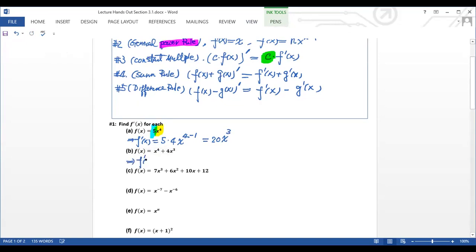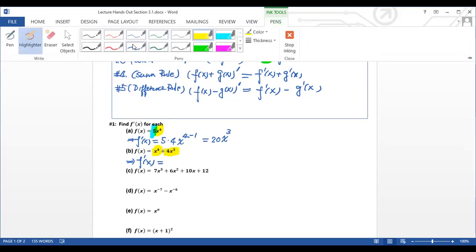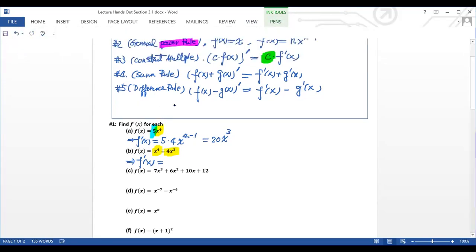Okay, now let's take a look at the second one. So this is f prime x. This one is the sum of two functions. One is x to the fourth and one is 4x cubed. So we use the sum rule. You can take the derivative of each term, then add them together. So x to the fourth, how do I take the derivative? Power rule, right? So you move the 4 to the front.